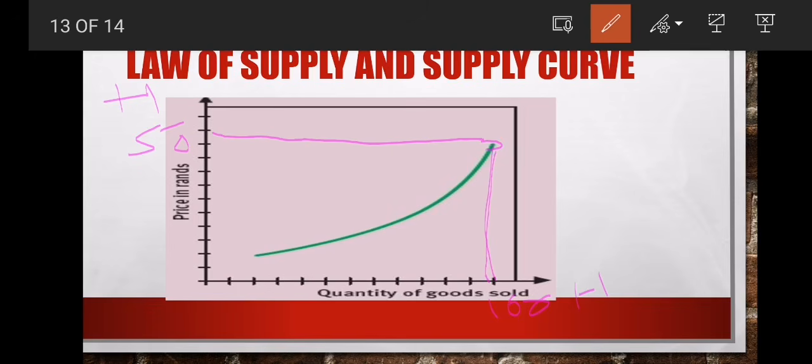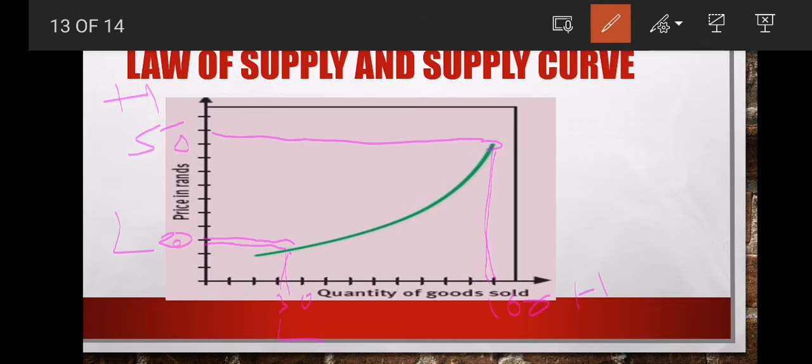Now let us say it's 20 rands, and here is 30 quantity. The price of a product is 20, and the quantity supplied to the market is 30. So we can say the price is low and the quantity that is being supplied to the market is also low.